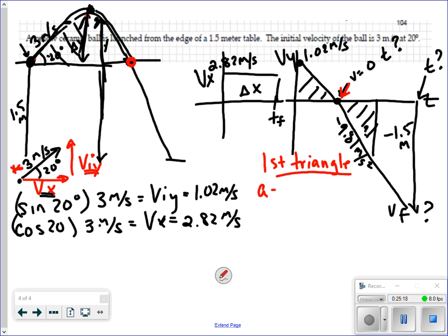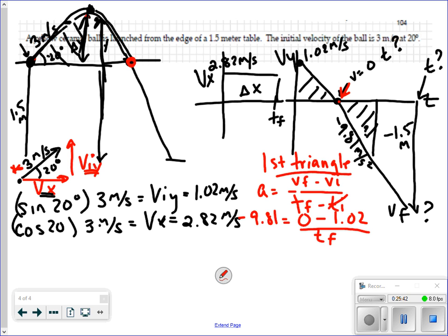All right, so again, let's start with acceleration. That's our slope. Vf minus Vi over Tf minus Ti, negative 9.81. And our initial velocity, we know that. It's the final velocity that's going to be 0. So we're going to focus on this point as our final velocity, minus 1.02 over, we'll say time initial is 0, time final, we don't really know.